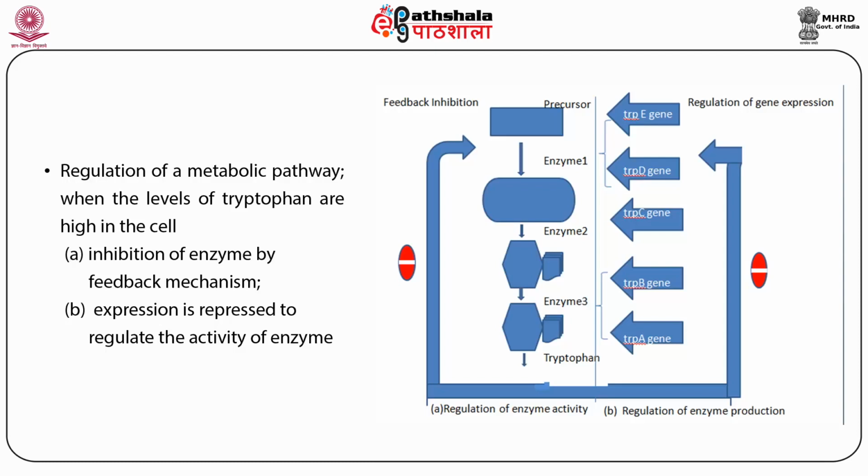The first one, A, is that enzyme activity is regulated by the end product itself, that is, it shows feedback inhibition. Second, B, is that production of enzymes is regulated by the levels of tryptophan within the cells. Thus, the expression of various genes is dependent on the metabolic status of the cell.